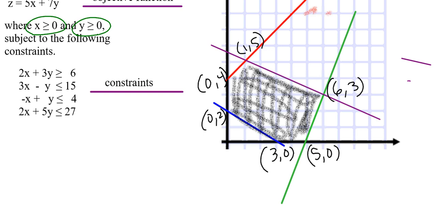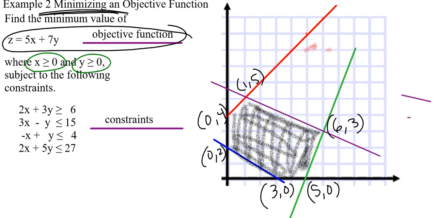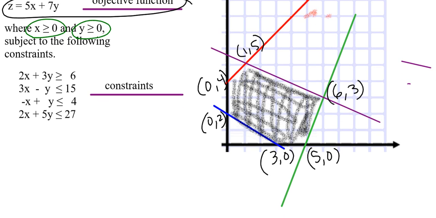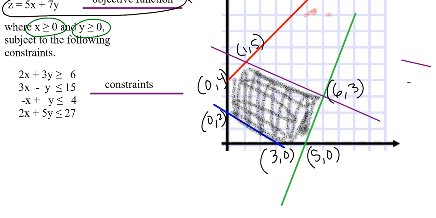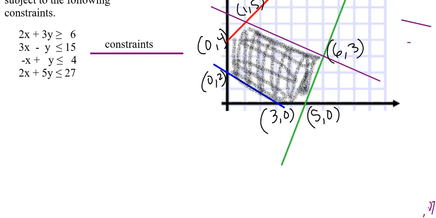And then I'm going to go to my objective function, which I wanted to minimize. I'm going to use all of those points, put them in z equals 5x plus 7y, and see what happens. So I want to be able to see all of those: z equals 5x plus 7y.